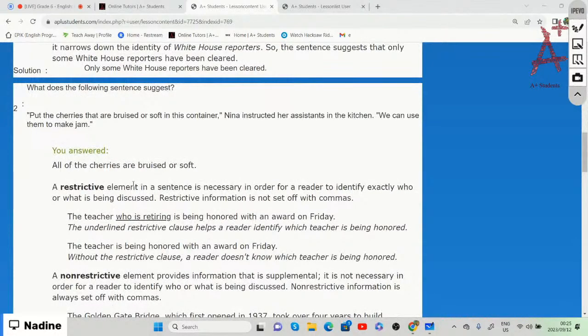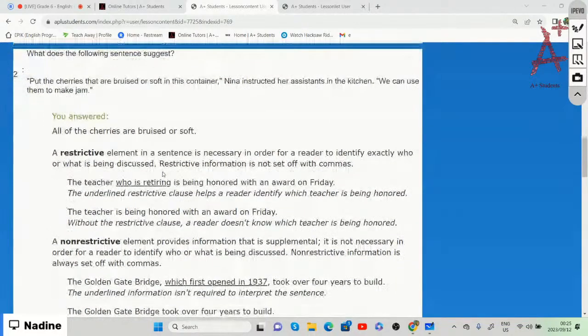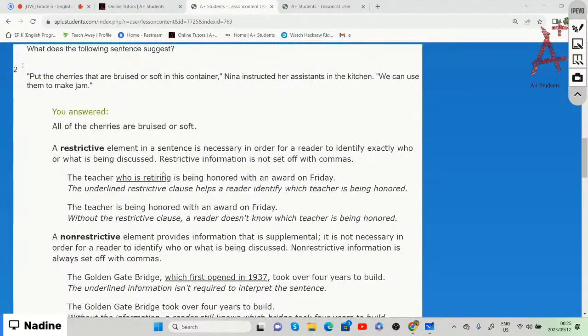Put the cherries that are bruised or soft in this container, Nina instructed her assistant in the kitchen. We can use them to make jam.